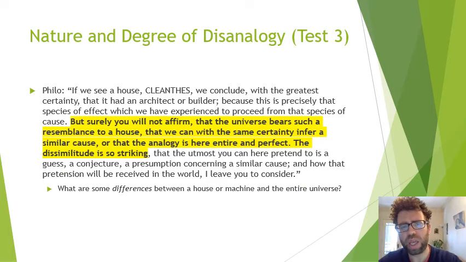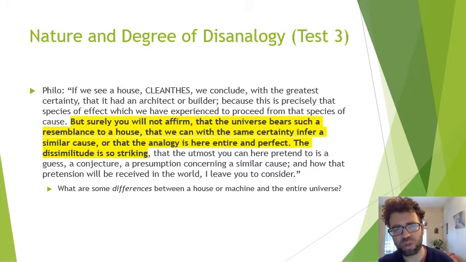Philo says, if we see a house, Cleanthes, we conclude with the greatest certainty that it had an architect or builder, because this is precisely that species, that kind of effect, which we have experienced to proceed from the species of cause. But surely you will not affirm that the universe bears such a resemblance to a house that we can with the same certainty infer a similar cause, or that the analogy is here entire and perfect.